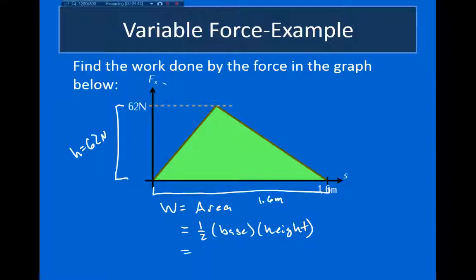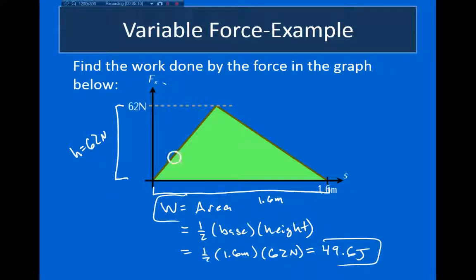So when I plug these numbers in, so we have 1/2 times base, which is 1.6 meters, times height, which is 62 newtons. If you plug this into a calculator, you see that it is equal to 49.6 joules. So that's the amount of work that is done by this force when it moves from this initial position here through a displacement of 1.6 meters.